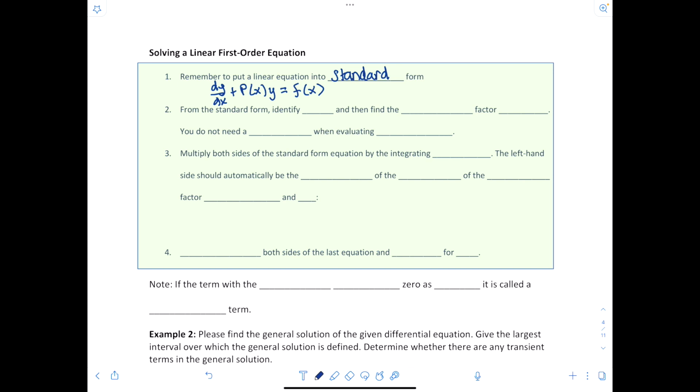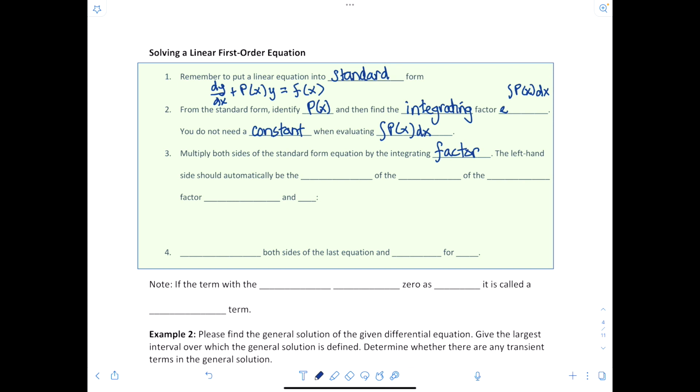From the standard form, identify p at x and then find the integrating factor e to the integral p at x dx. You do not need a constant when evaluating the integral of p at x dx. Multiply both sides of the standard form equation by the integrating factor.